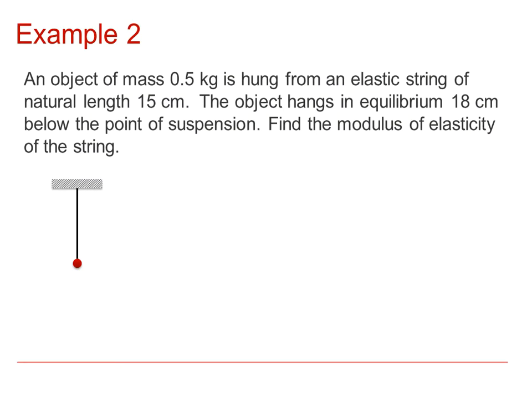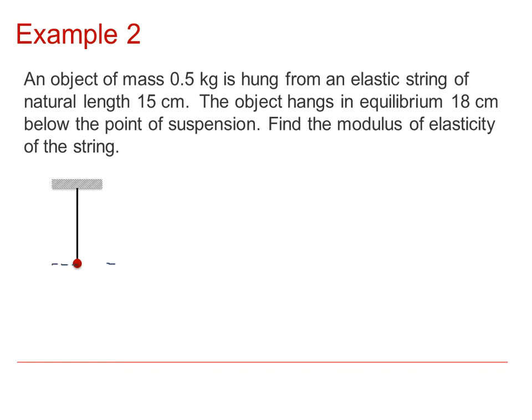In the second problem, we have a mass of 0.5 kilograms hung from a string of length 15 centimeters, and it hangs in equilibrium at a point 18 centimeters below the suspension.